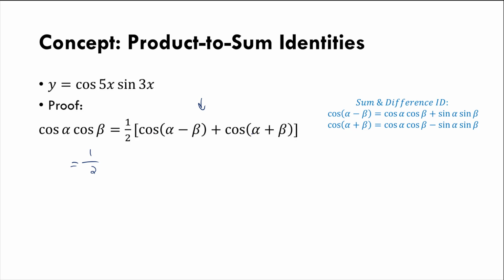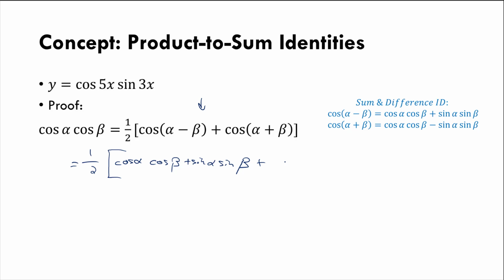Cosine alpha minus beta is going to be cosine alpha times cosine beta plus sine alpha sine beta. And then I've got cosine alpha plus beta.